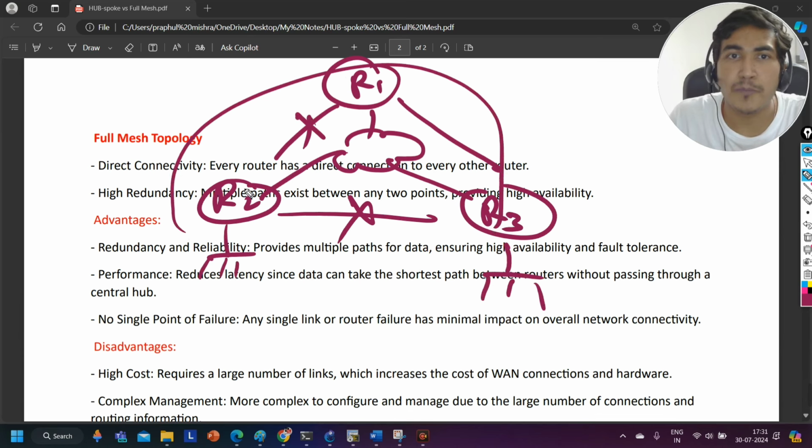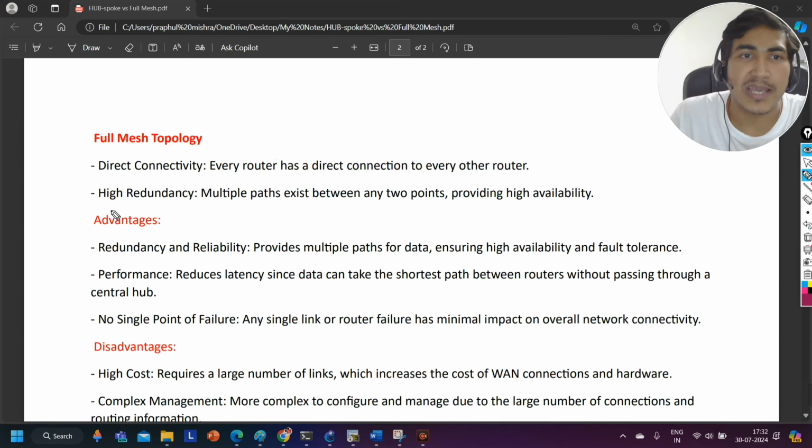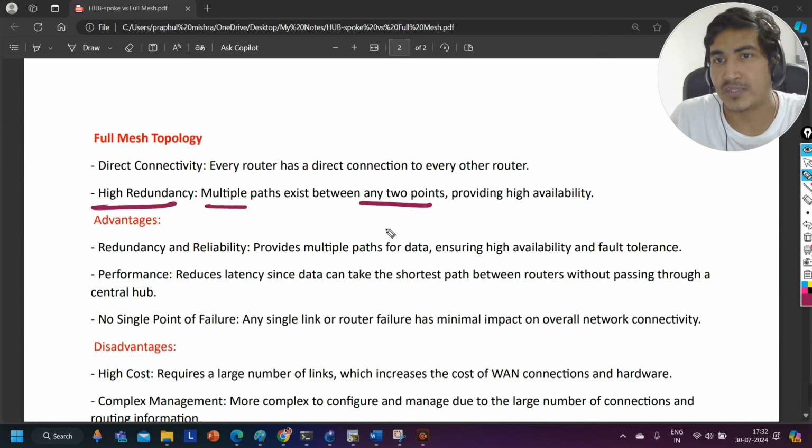If this link goes down, no problem, these users can communicate like this, right? So here we have what, guys? High redundancy. Multiple paths exist between any two points. Between branch 1 and branch 2, we have multiple paths, right, providing high availability.